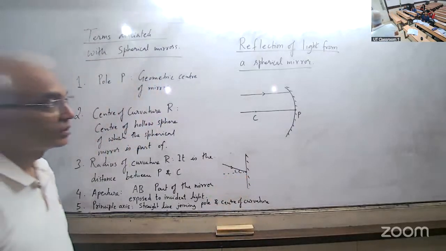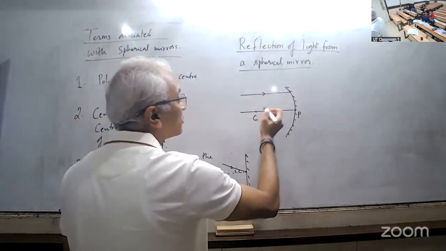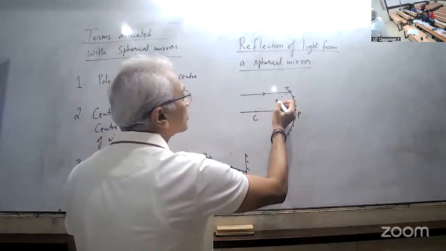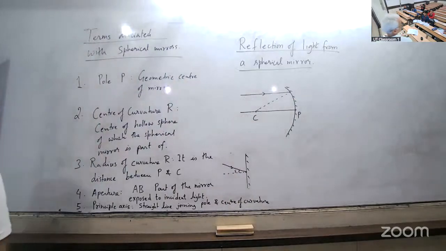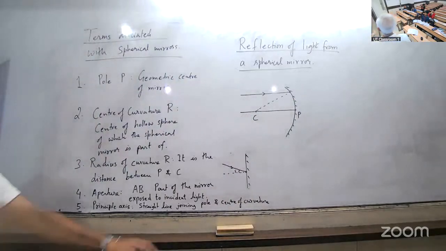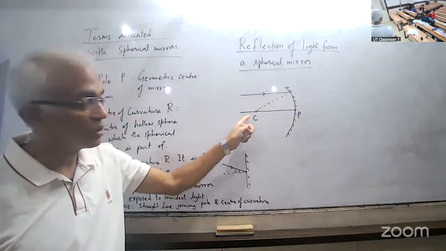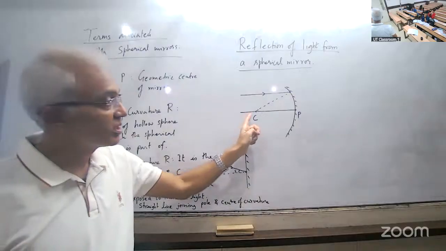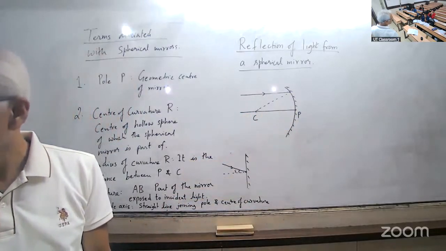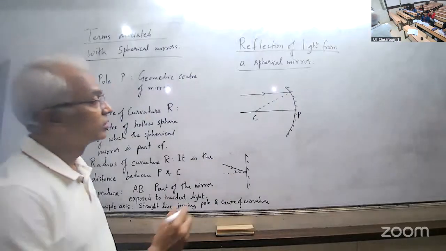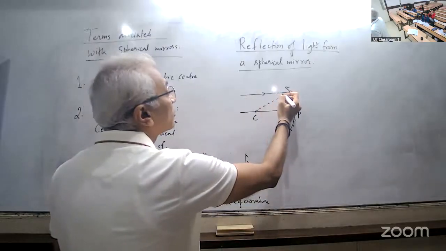So you said normal is line joining the point of incidence with center. Always remember this. For a spherical mirror, the normal is line joining any point on the mirror with C. So even CP is a normal. Principal axis is also a normal. Understood? So this you have to remember. So this is now angle of incidence.